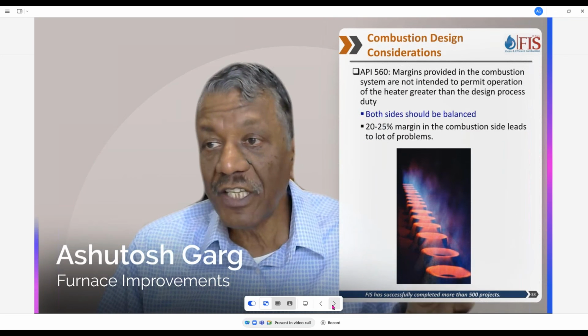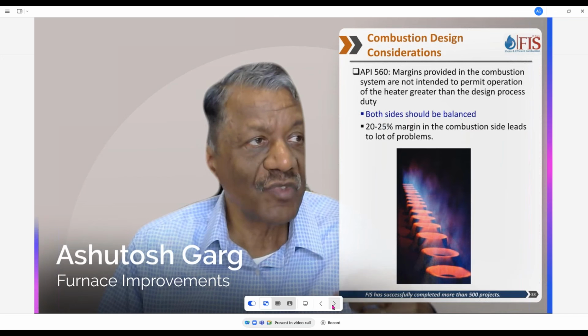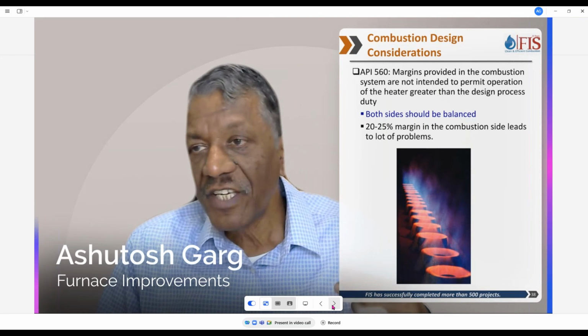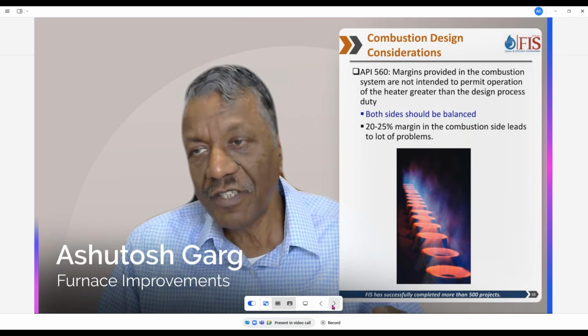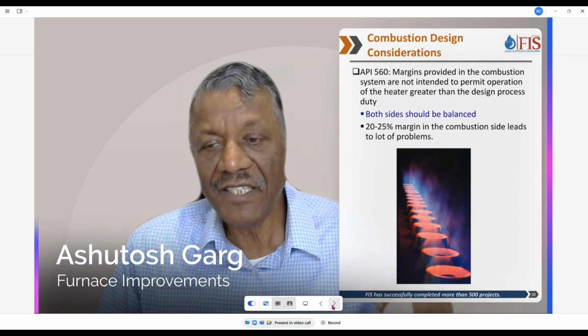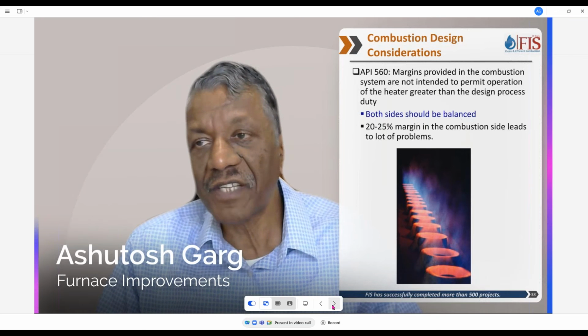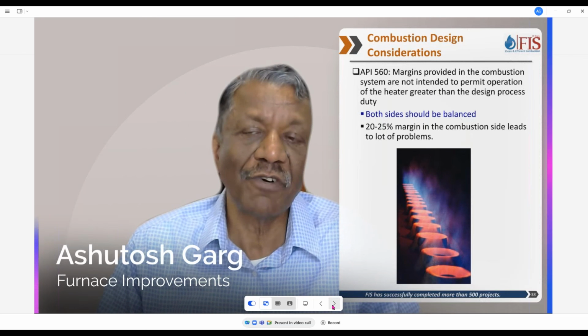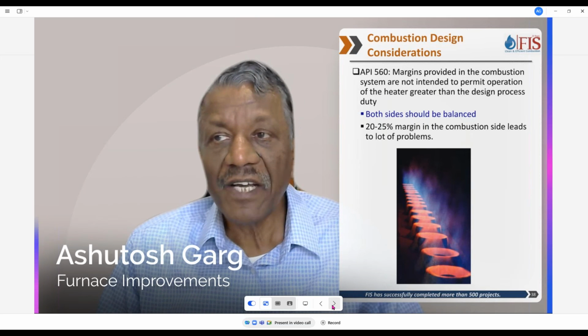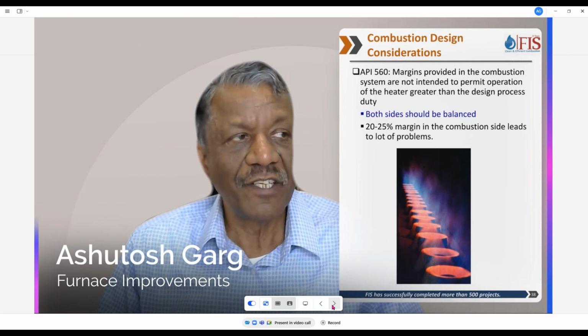Another issue in API 560 is on the combustion side. When we design a fired heater, we design the combustion system. There is a process side. That process side is designed for 100 million BTU. But the firing side is designed for 120 million BTU.